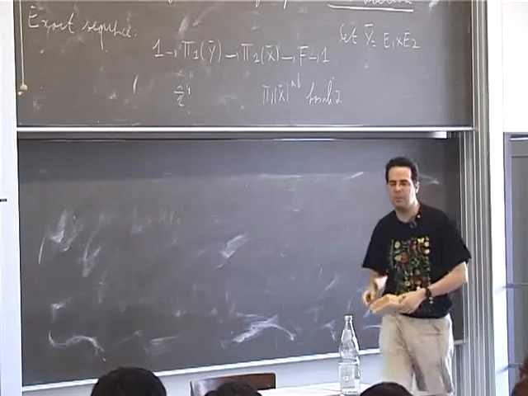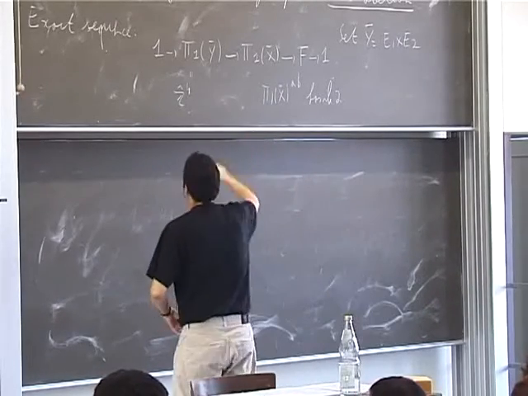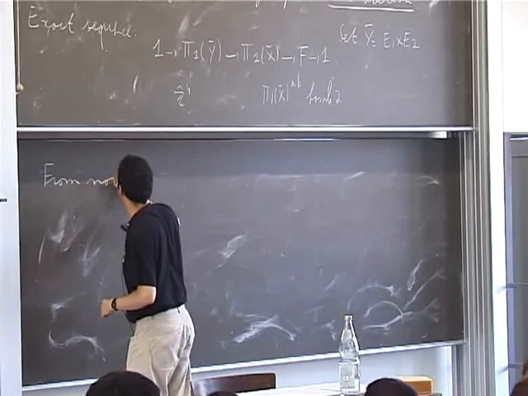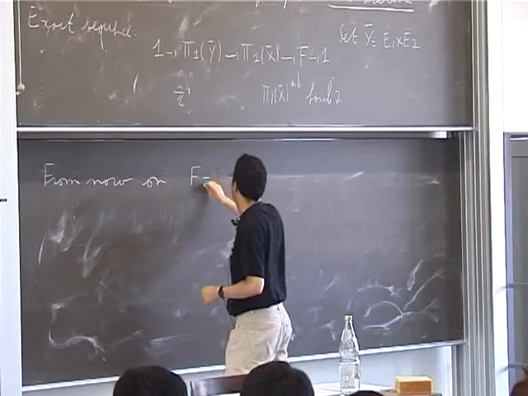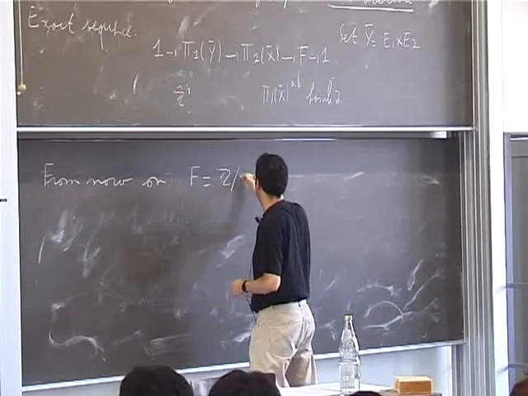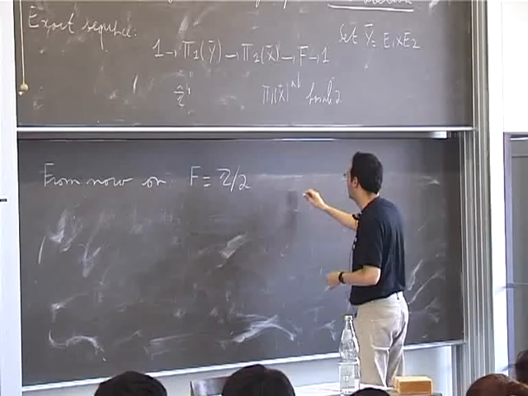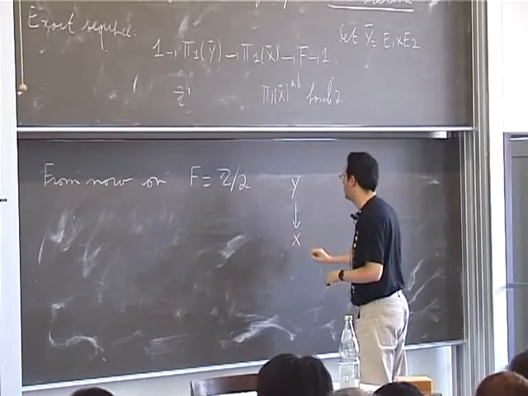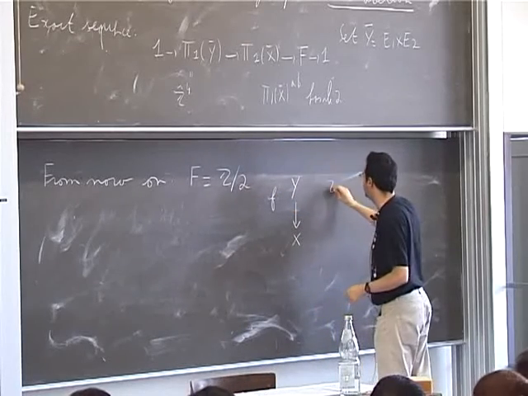So to make things simpler, now I'm going to assume that the group F is just Z mod 2. This is one special case of bielliptic surface. So this means that if you prefer, you will have a Y over X like this, a Z mod 2 étale covering.